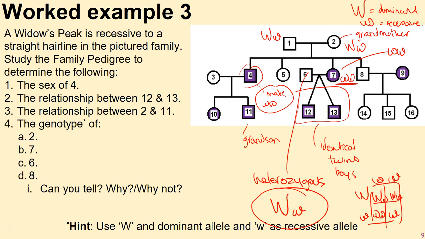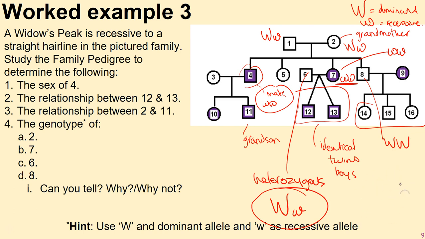Then for 8, we can't actually tell. Because all 3 children are unaffected, it would imply that they might be big W. Okay, and this would be because if we have big W in combination with little w, we would get big, little, big, little, big, little, big, little.